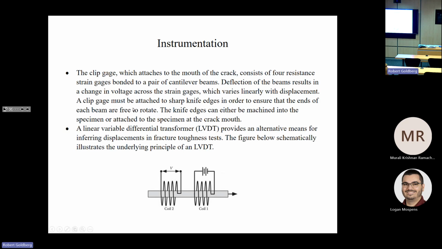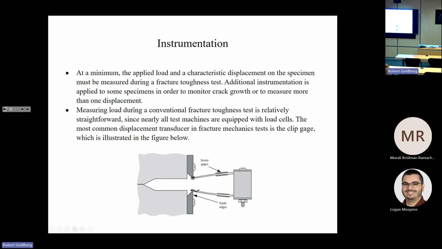So this clip gauge is attached to the mouth of the crack. You have 4 resistance strain gauges bonded to a pair of cantilever beams, so you have your strain gauges on the top and the bottom. The deflection of these little beams results in a change of voltage across the strain gauges, which varies linearly with the displacement.